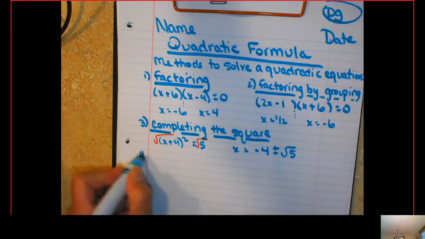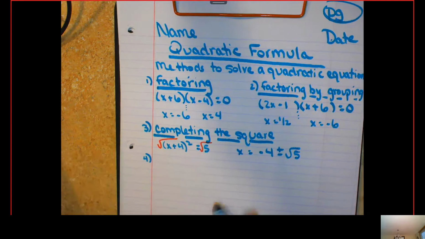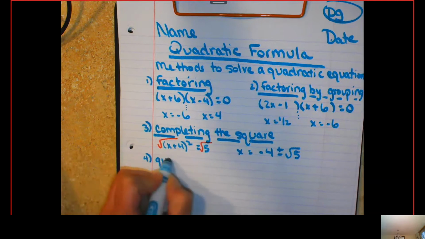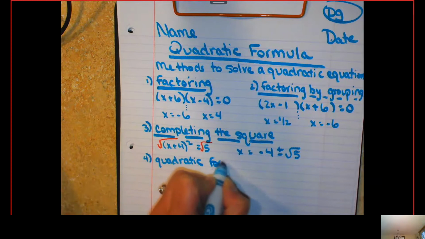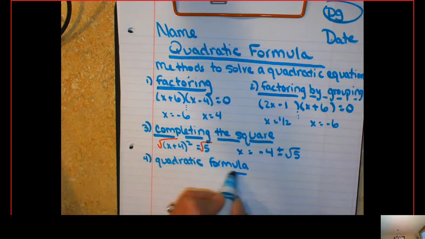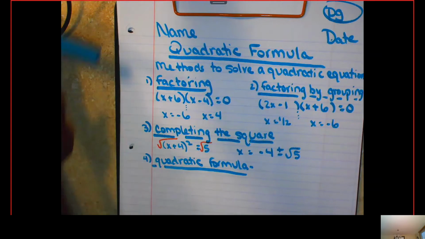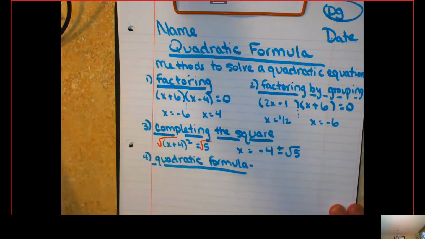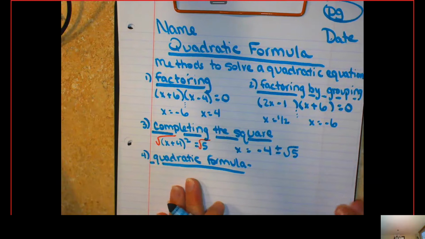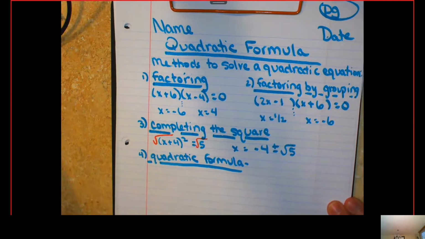The 4th way we're going to learn is the title of the note, the quadratic formula. So can you write quadratic formula? And this takes a little bit longer, but it can be used for any quadratic equation, and you would mainly want to use this if you couldn't factor it. So we're just going to write a quick definition after you wrote quadratic formula.